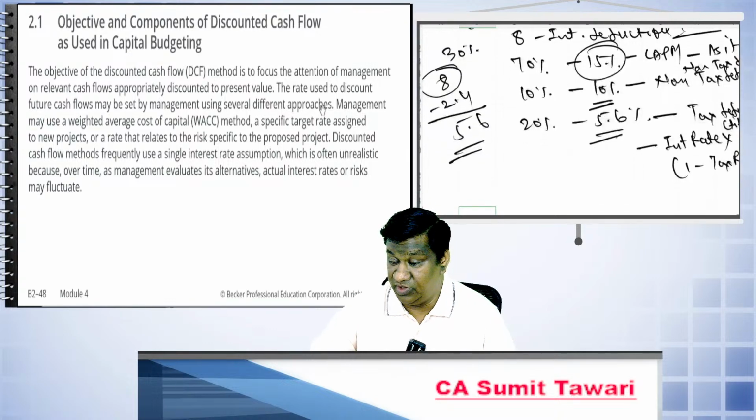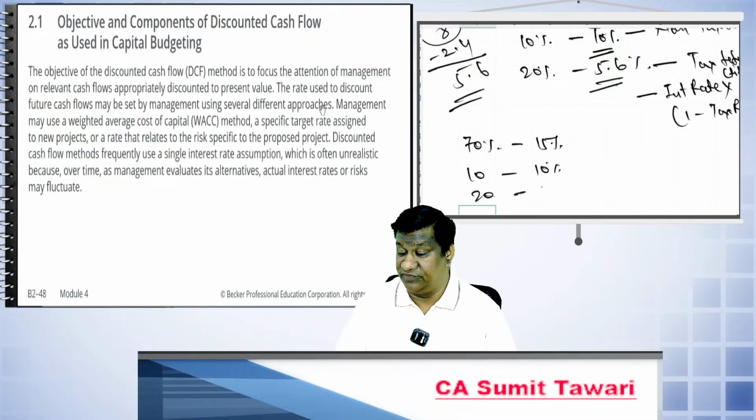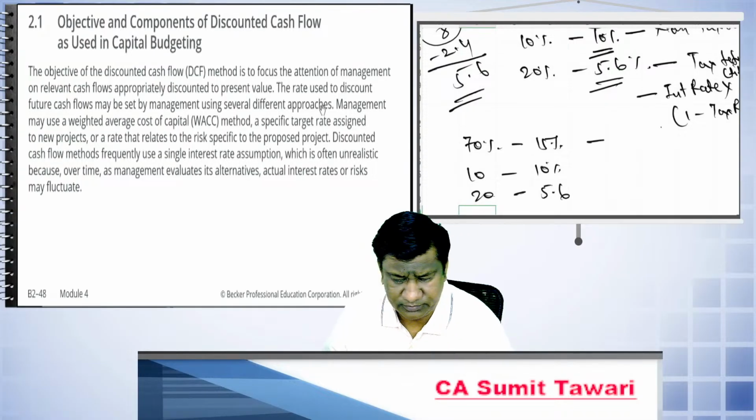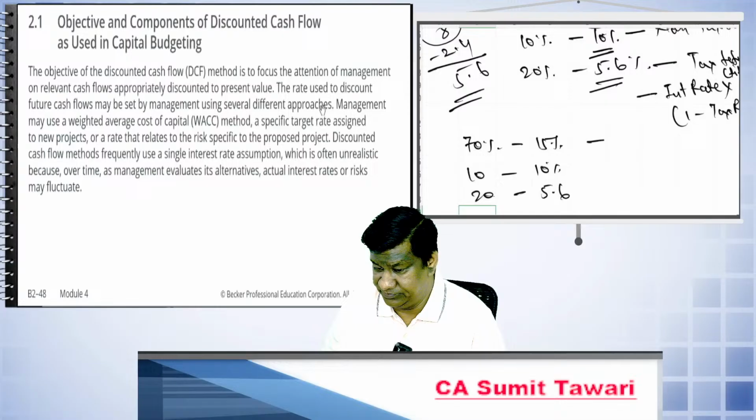So now again, 70% is with 15%, 10% is with a 10% return, and the 20% is with a 5.6% return. So 15% of 70% is how much? 10.5.